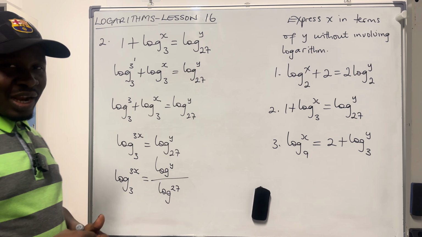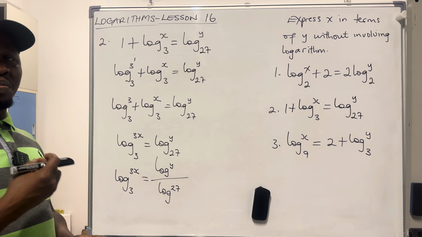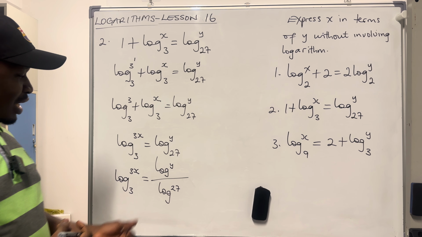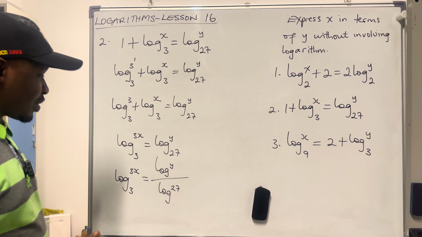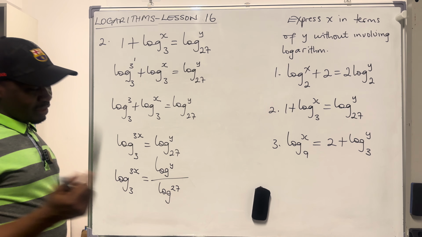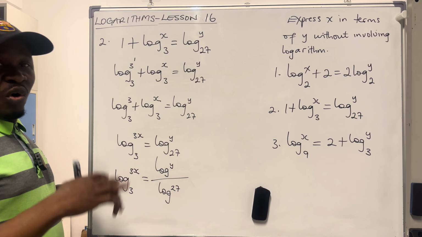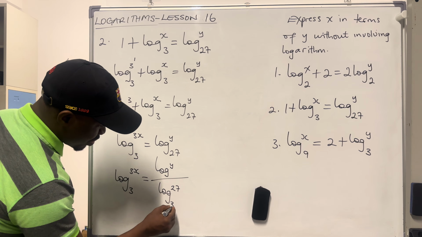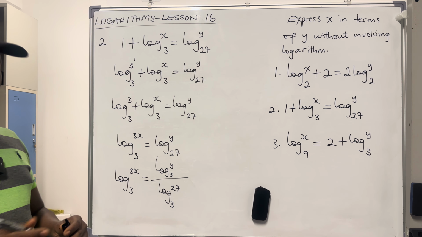You and I can choose any base we want as long as that base obeys the logarithmic rule, wherein the base cannot be 0. It has to be positive, and not even 1. Since we can choose a base, the only base we can accept is the one here, so we say base 3, base 3. I just hope this one is understood.